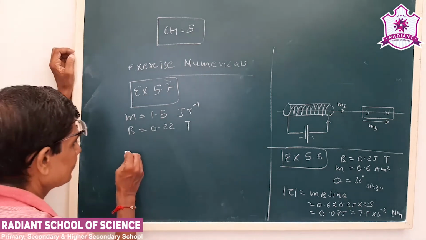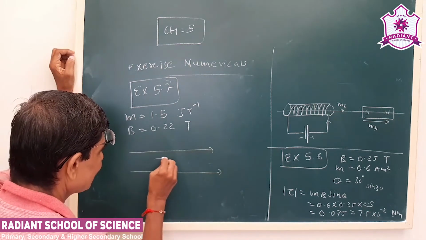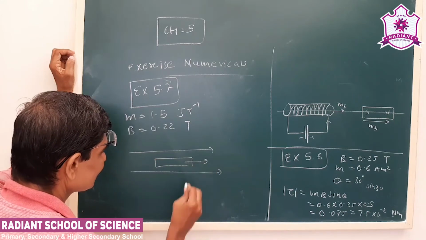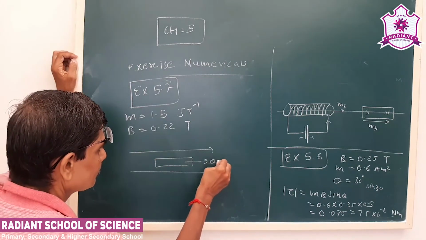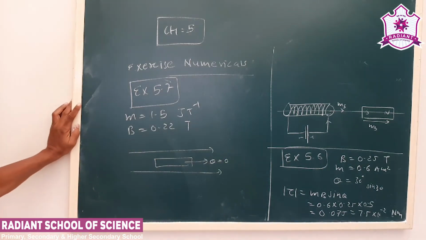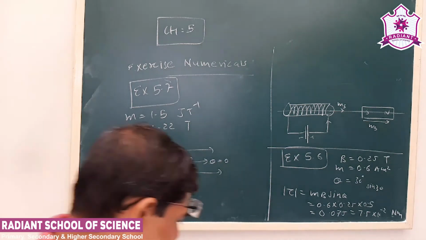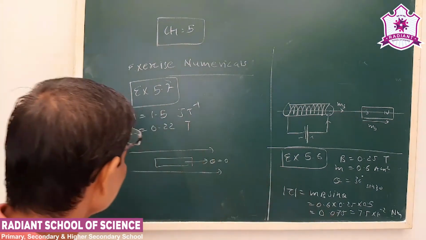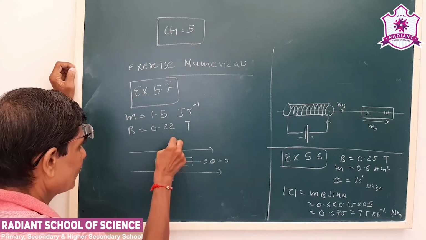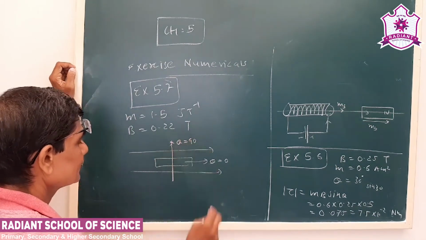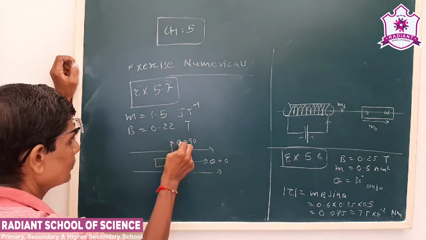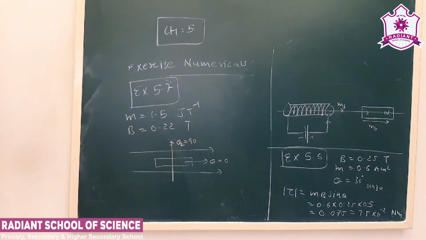Now let us say in the initial condition theta is equal to 0, that is aligned in the direction of the magnetic field, and secondly it is allowed to rotate by an angle to the normal, that is theta 2 is 90 degrees. So what is the change in the potential energy? That is nothing but the work done.